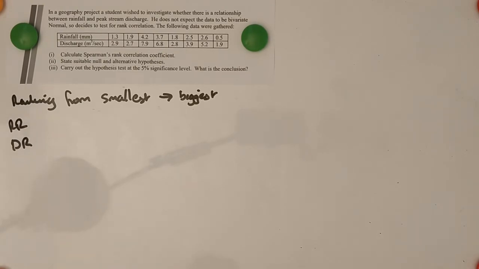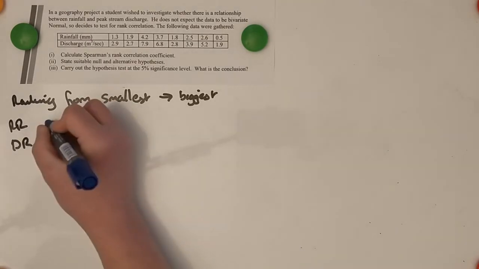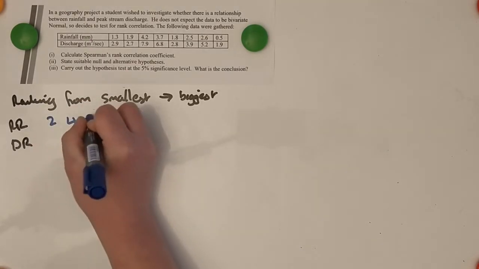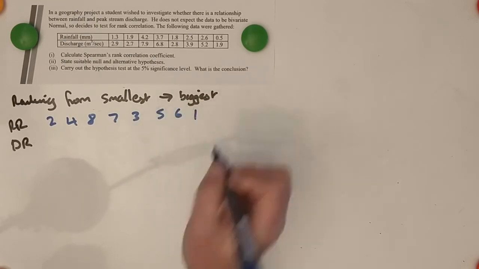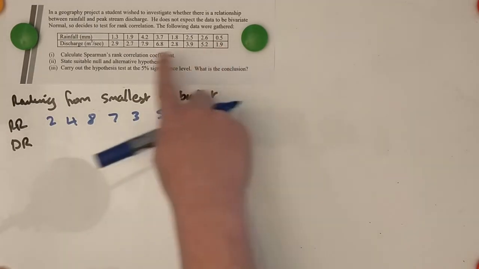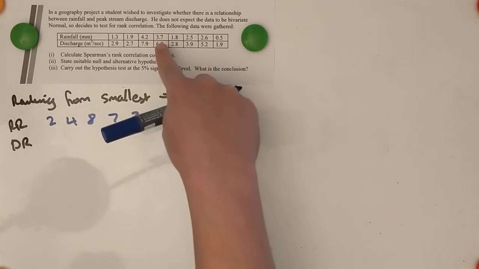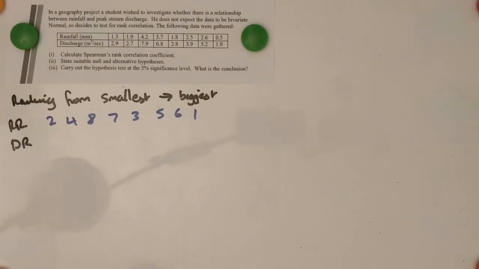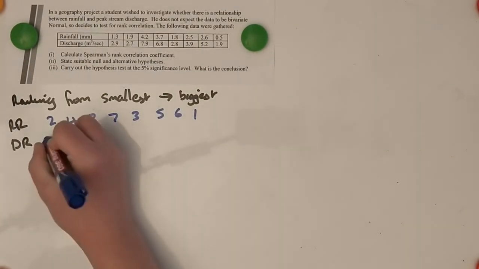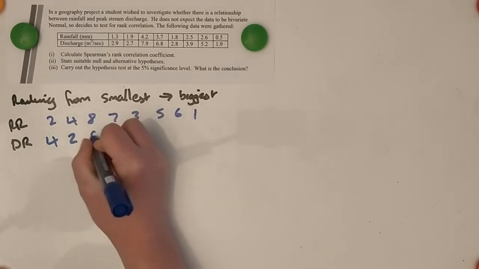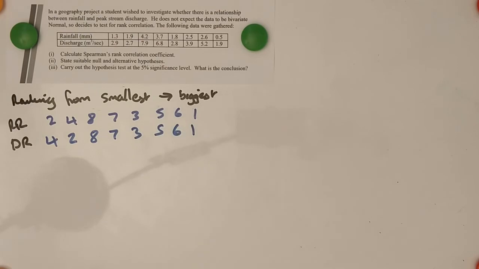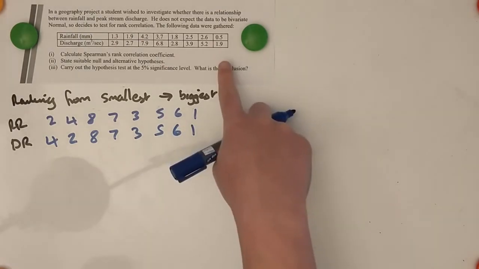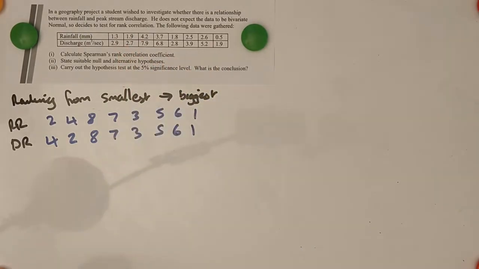So if I'm ranking smallest to biggest, I have 2, 4, 8, 7, 3, 5, 6, 1, because my smallest is 0.5, then my next one is 1.3, then my next one is 1.8. And for my discharge rank I've got 4, 2, 8, 7, 3, 5, 6, 1, because again my smallest is 1.9 and my biggest is 7.9.